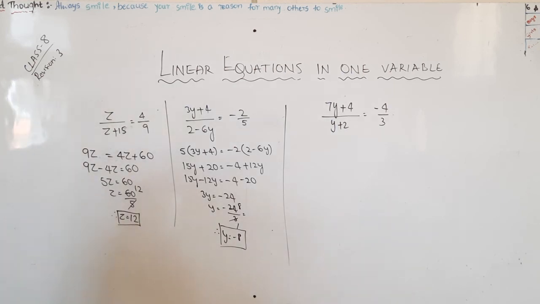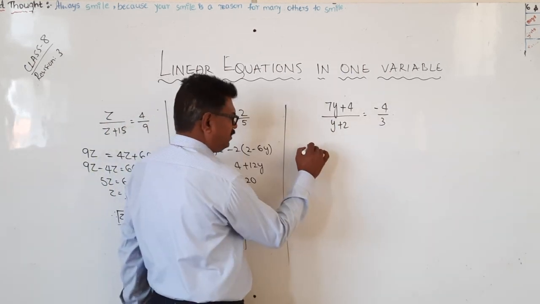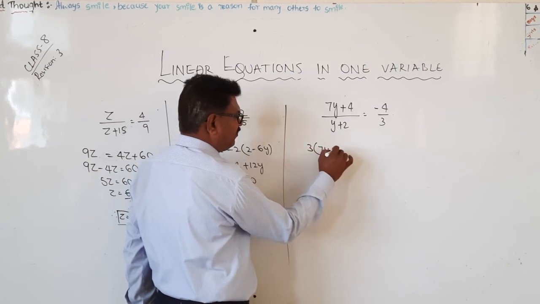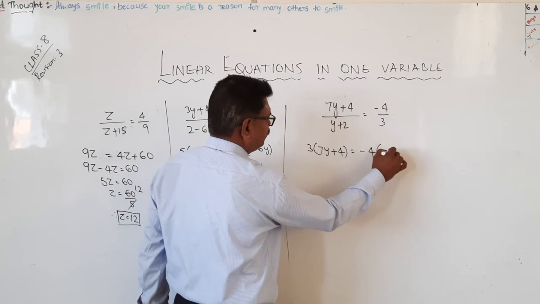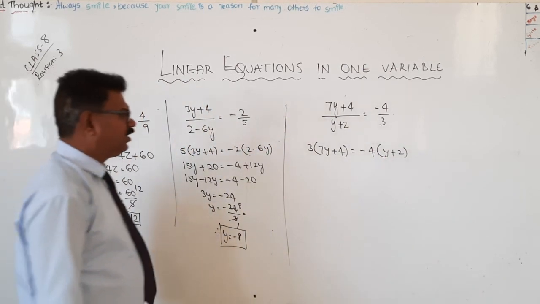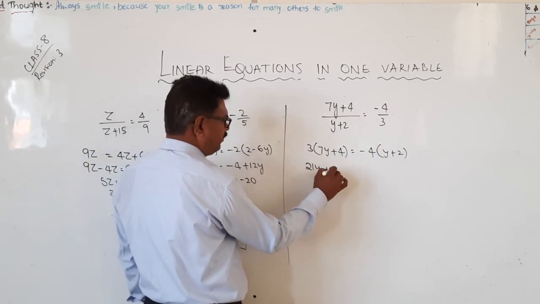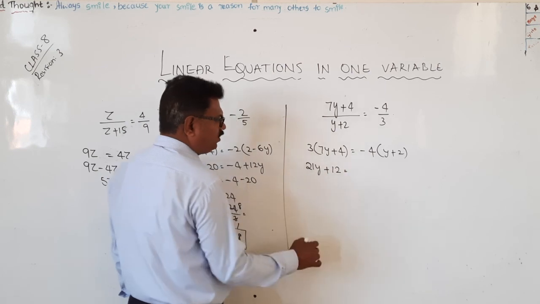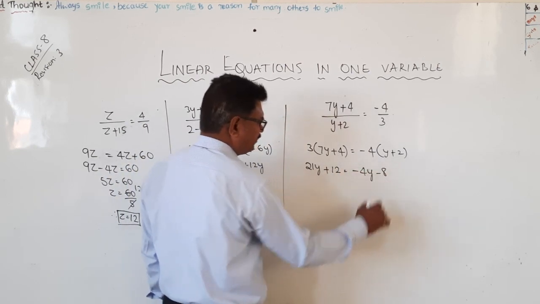Simple problem. Again I told you, just cross multiplication: 3 into (7y + 4) equals minus 4 into (y + 2). Now 3 sevens are 21y, plus 3 fours are 12, equal to minus 4y minus 8.